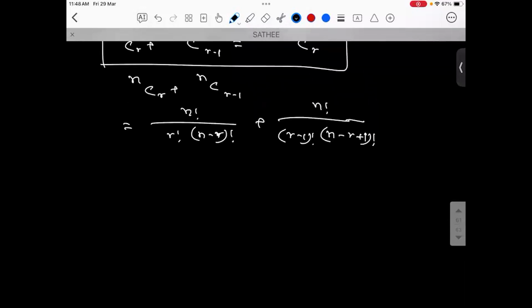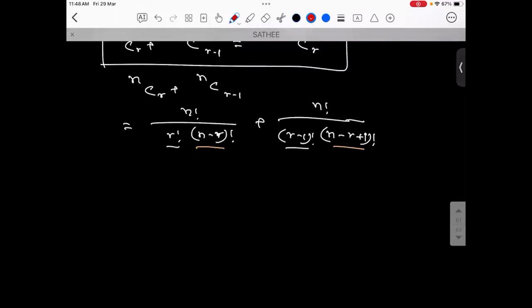Now from here, just understand that among them, this and this, which one is larger? Obviously, the larger one is (n minus r) factorial, because the other is a smaller thing.